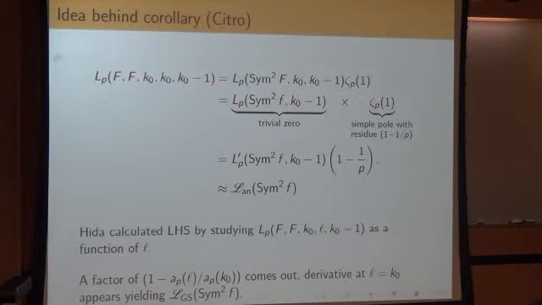So remember, the p-adic L function of F is just, by definition, the p-adic L function of the Hida family specialized where the weight variables are both k0. Okay, so if I plug in my s to be k0 minus 1, the interesting point where I have this trivial 0, then here I get a trivial 0, and here I get the p-adic zeta function at 1. Now the p-adic zeta function at 1 has a pole with residue 1 minus 1 over p.